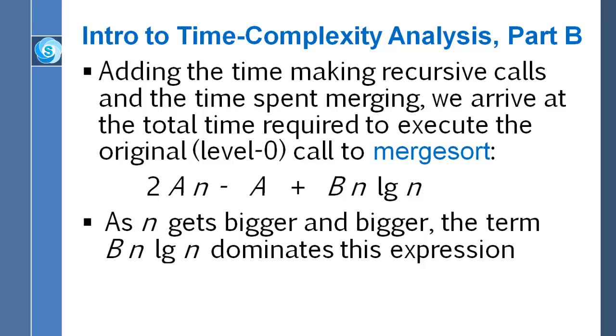Anyway, bn log n will eventually be bigger than 2an. Because that term dominates like that, the nice thing about the big O notation is you get to ignore the other terms and just focus on the bn base 2 log n term.